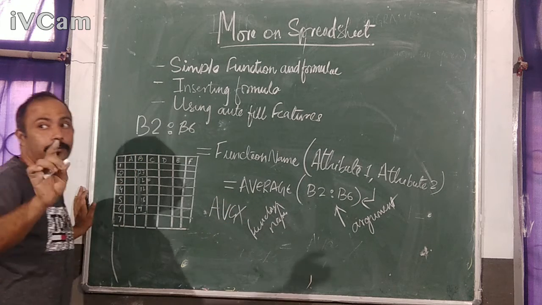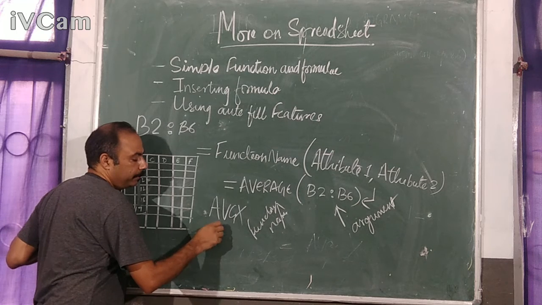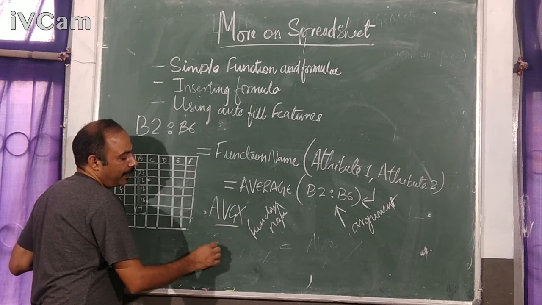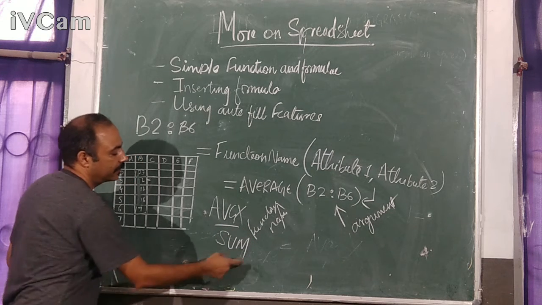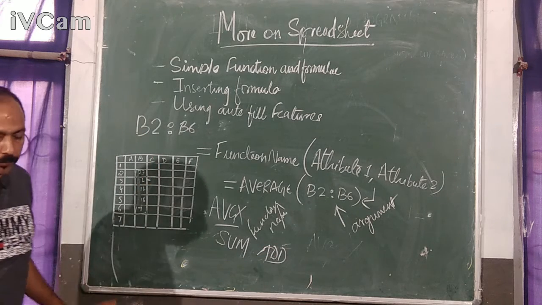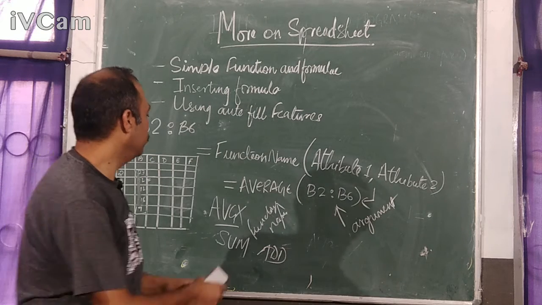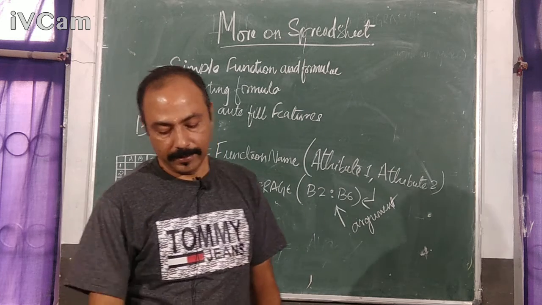Whatever is given, that should be used. If you have to add, instead of an add function, the sum function is there in Excel. If you write add instead of sum, you will not get the result. So you need to be specific. Whatever is provided, that needs to be written.